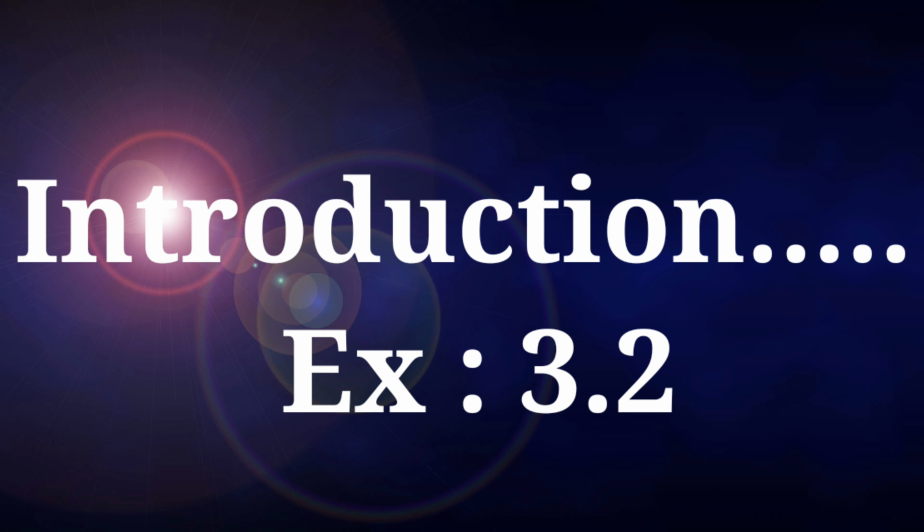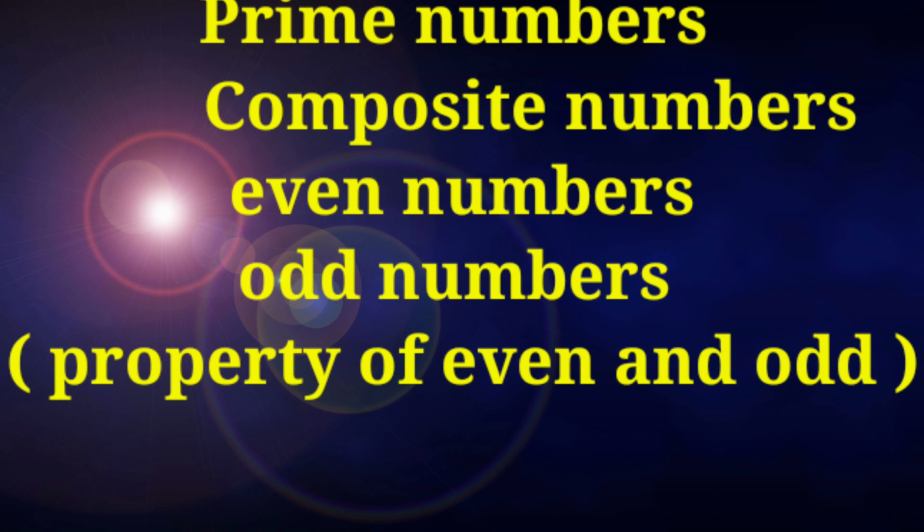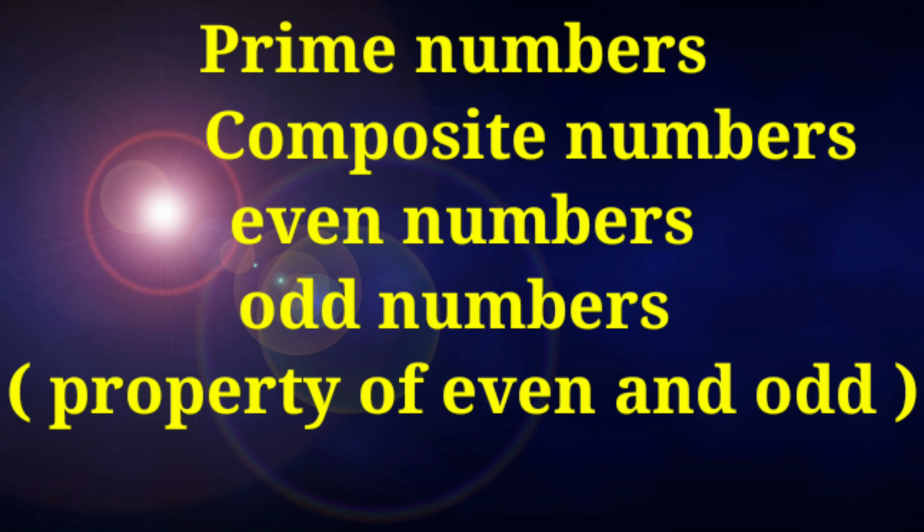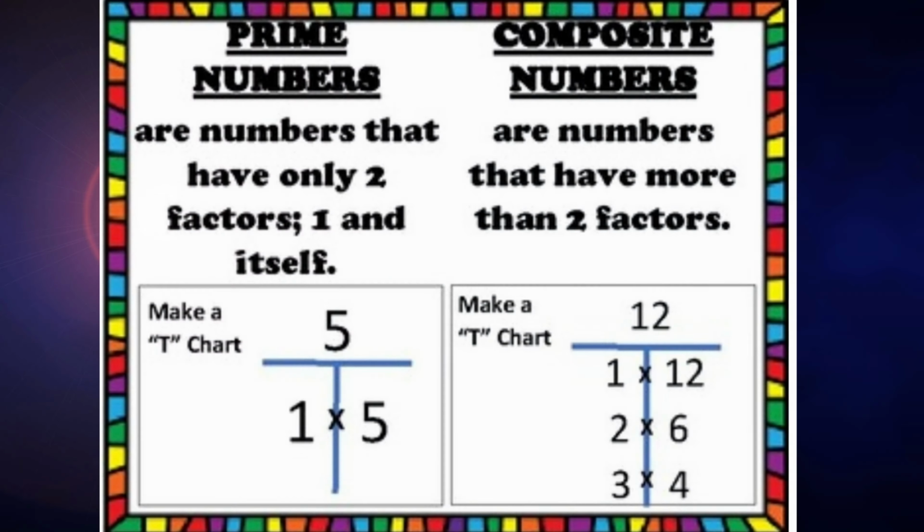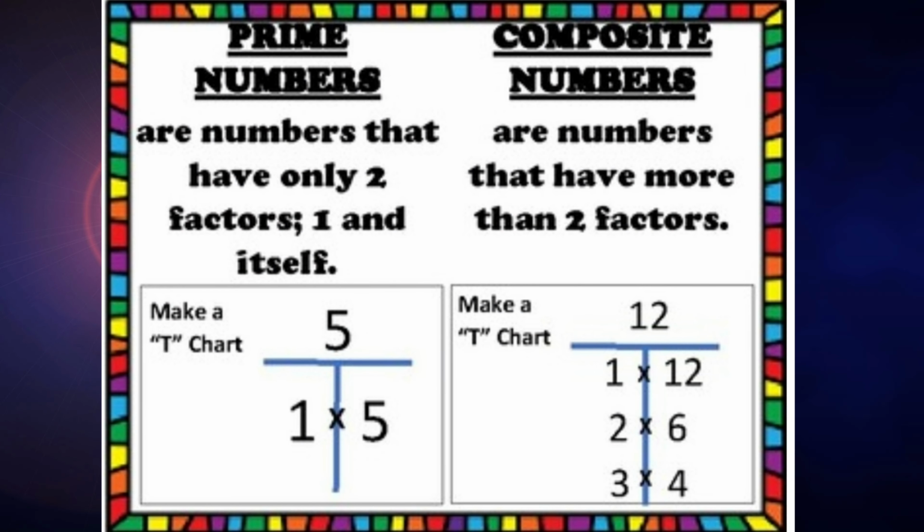Okay, so now let's start the introduction of this exercise. Students, in this exercise we'll study some very common facts, that is, what are prime numbers, composite numbers, even numbers and odd numbers, and some basic facts about even and odd numbers as well. So very first we have to start with what are prime and composite numbers.